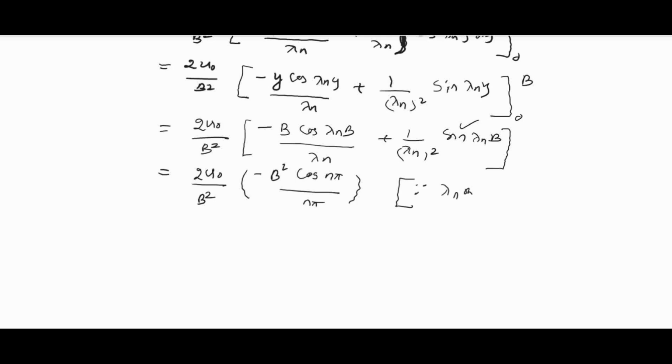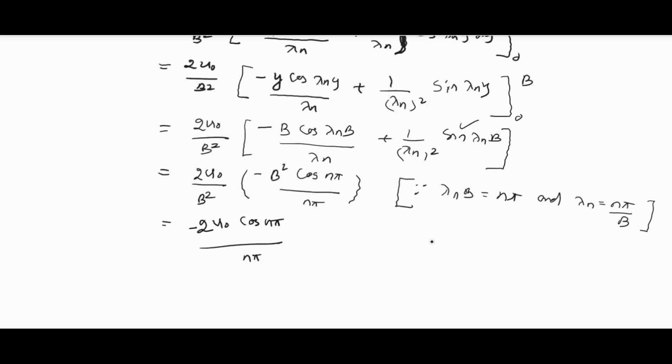Lambda n b is equal to n pi, and lambda n is equal to n pi by b. These two values we have used here. So ultimately what we got here? 2u0 by b square is equal to this much. Now b square will cancel, minus will come forward, and we will get 2u0 minus 2u0 cos n pi by n pi.